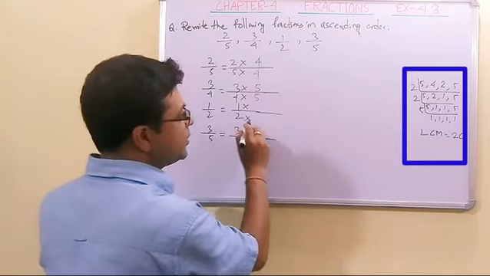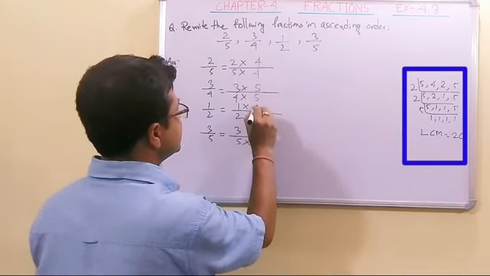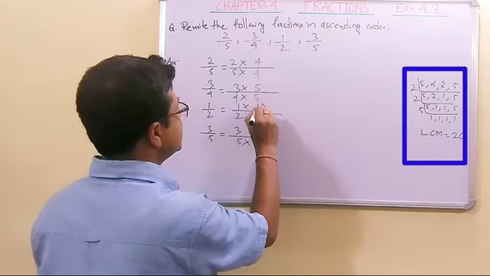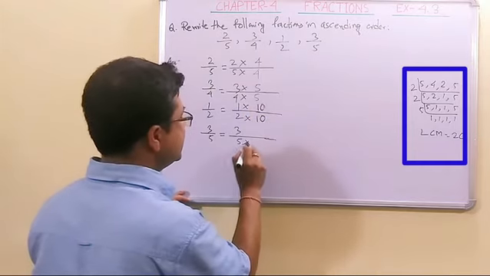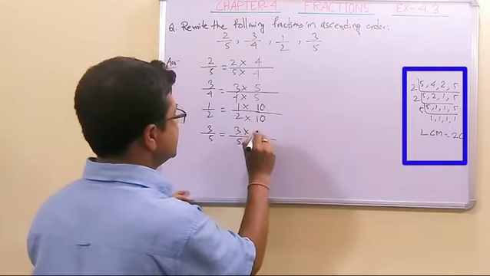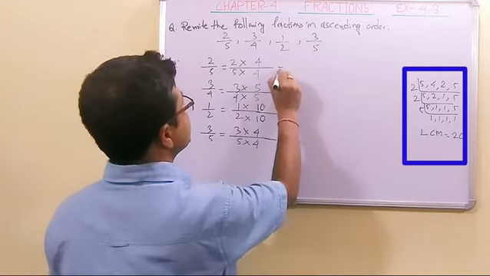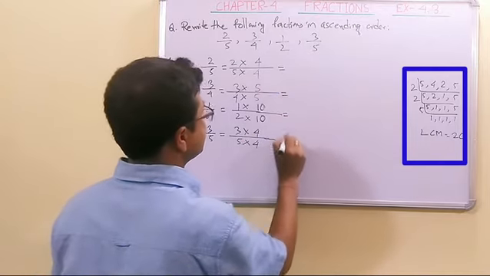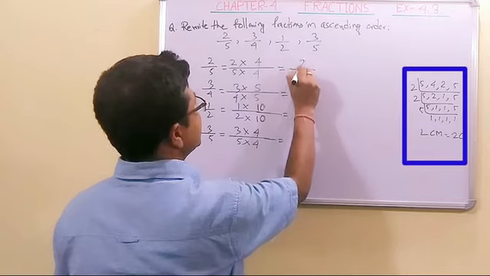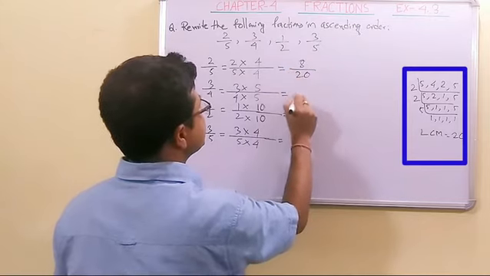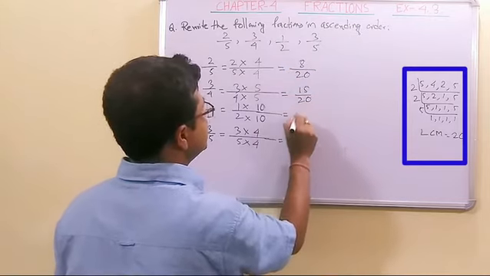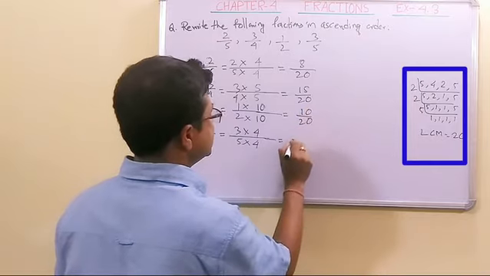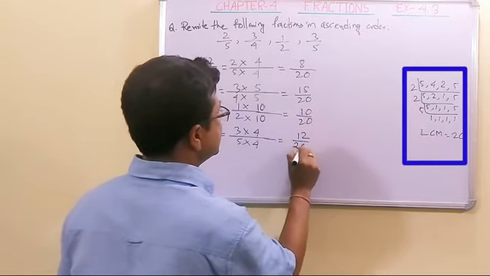Here, what to multiply to get 20? 10. So here also we shall multiply by 10. Then here 2 fours are 8, here 3 fives are 15, 1 ten is 10, and 3 fours are 12. This is 8 by 20. This is 15 by 20. This is 10 by 20. This is 12 by 20.